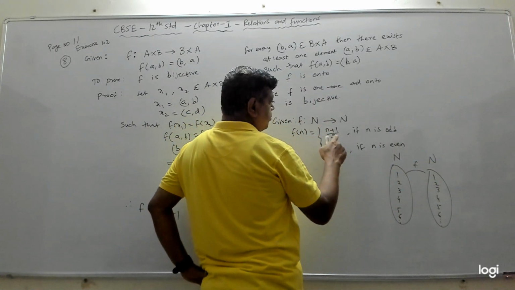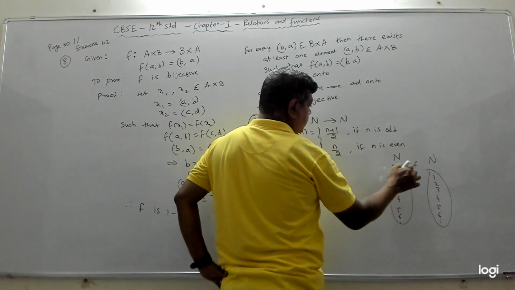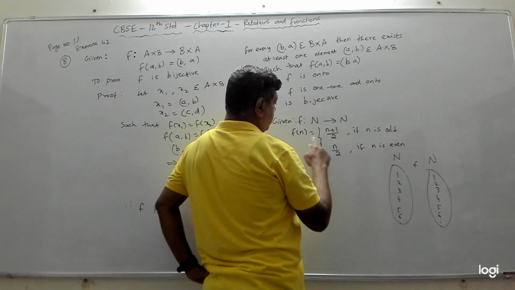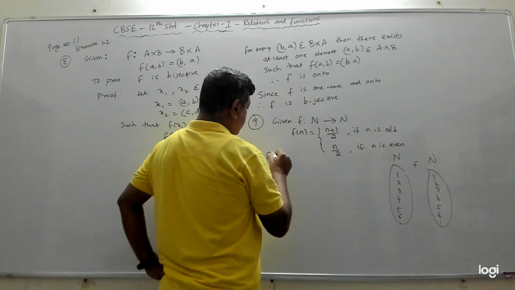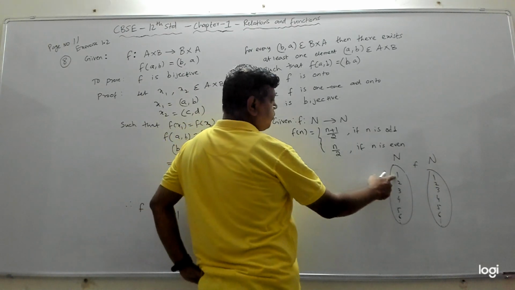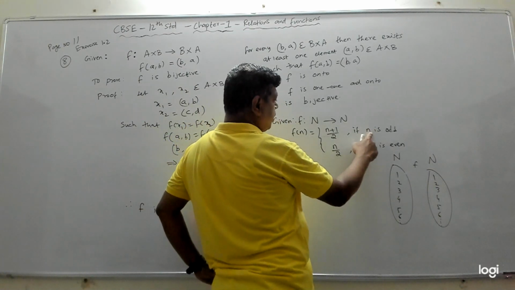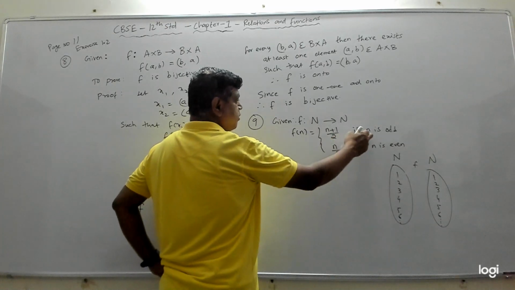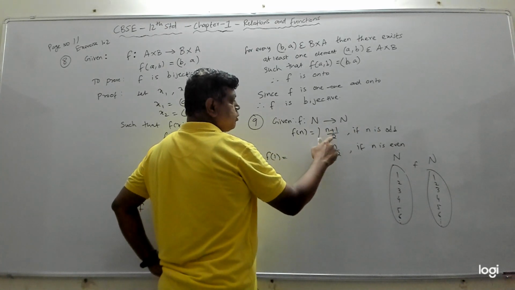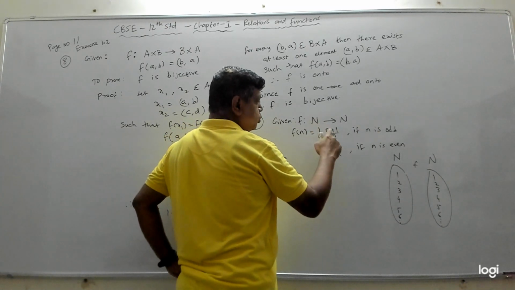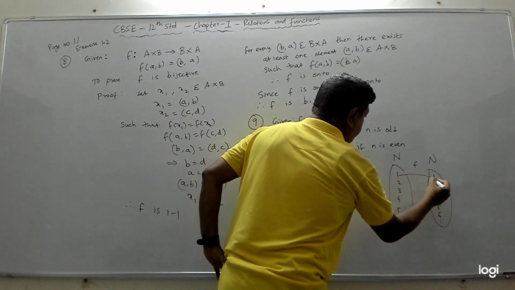Now one is getting mapped to what? If I take 1, what is f of 1? 1 is an odd number, so n is an odd number here, so I should use n plus 1 by 2. What is 1 plus 1 by 2? It's 2 by 2, which is 1. So 1 is getting mapped to 1.